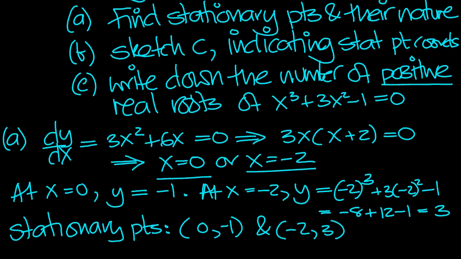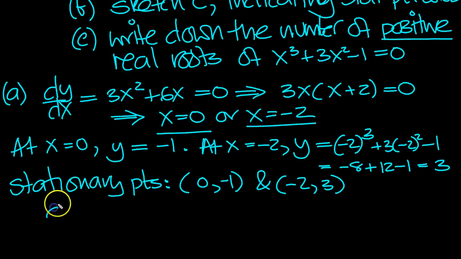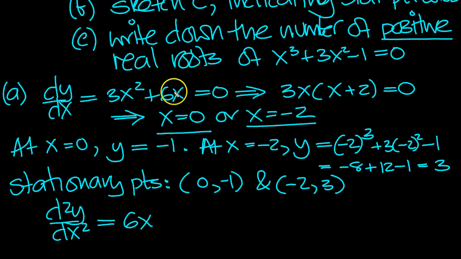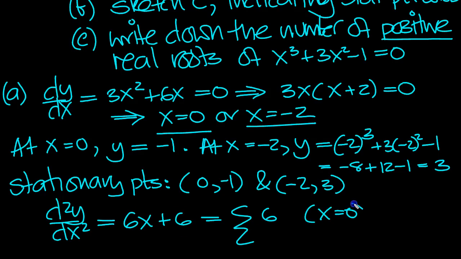Now are they a max or min? Let's get the second derivative to find their nature. d2y by dx squared. 2 comes down to make 6x. And this x goes to 1, so it's 6 lots of 1, which is 6. Now that's equal to, put in 0 in here. So you get 0 plus 6 is 6 when x equals 0.